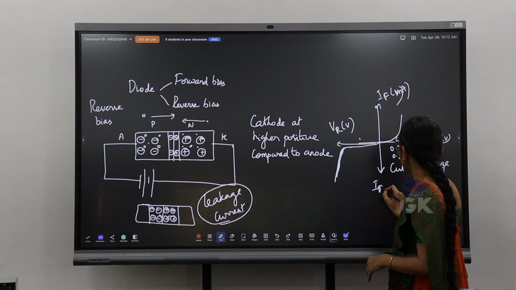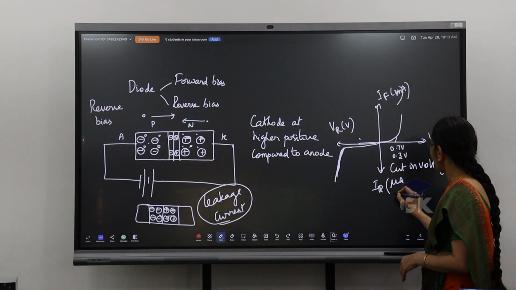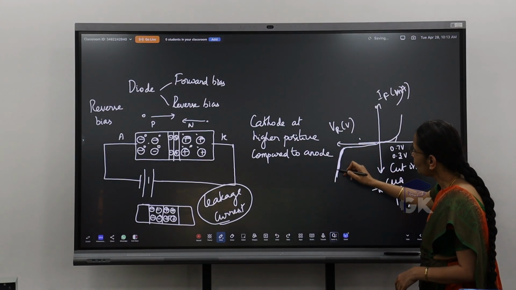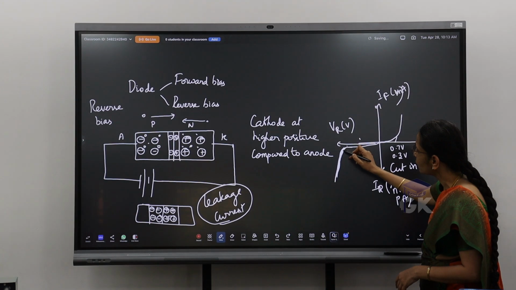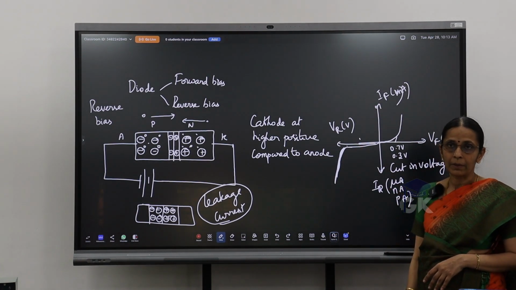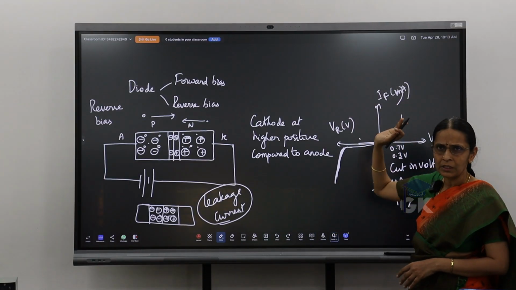And this should be your current. So this current is say micro or nano or picoampere. Because of the cumulative multiplication of your charge carriers, the device breaks down and your current will increase rapidly. So this is going to happen in the reverse direction at a very high voltage.